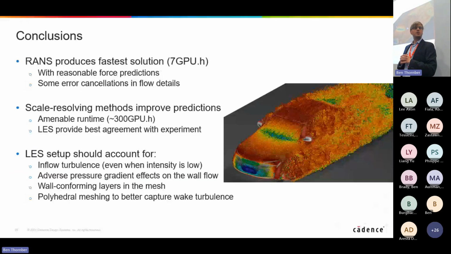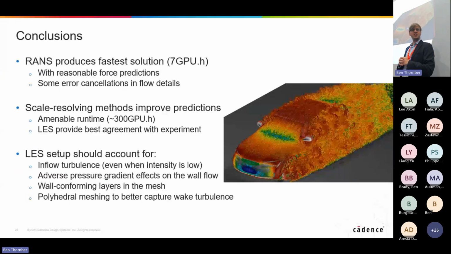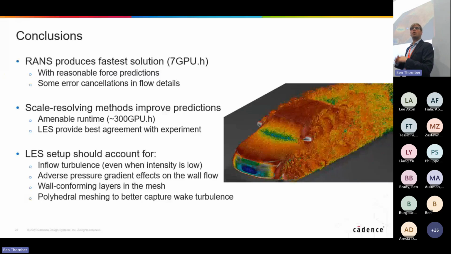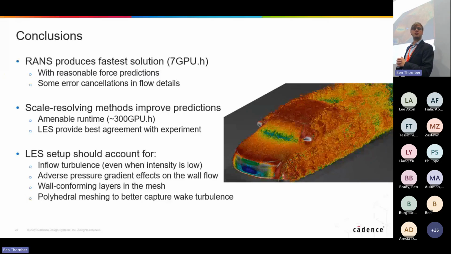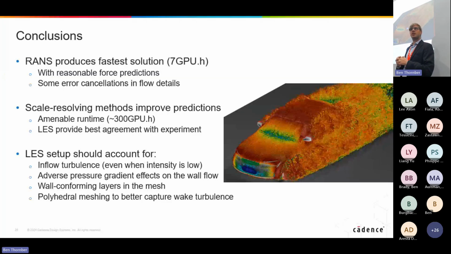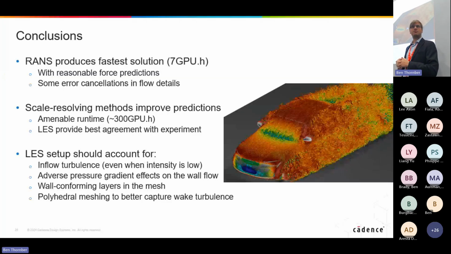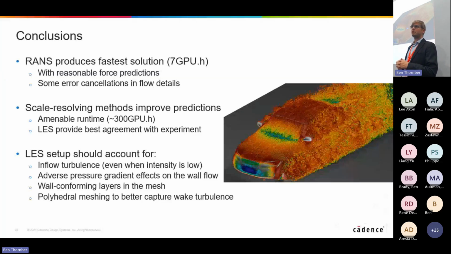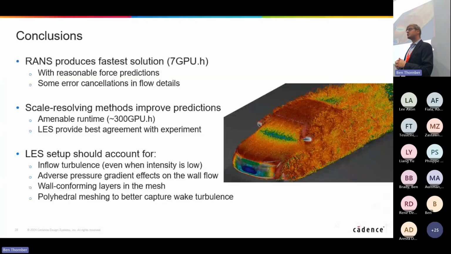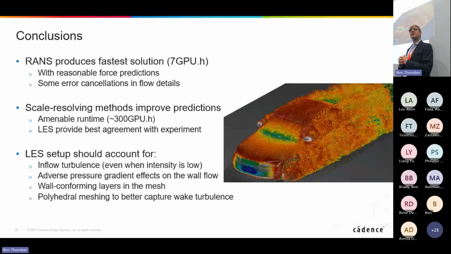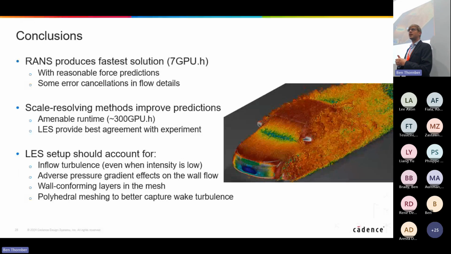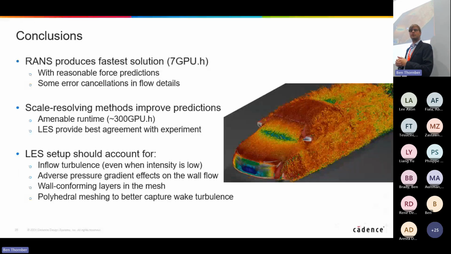So essentially, we're seeing reasonable force predictions with RANS, DDES, and LES, but RANS most probably due to error cancellations. Scale resolving methods are apt at providing reasonable agreements about all the probes that we observed. And we looked into details of the LES setup where we believe that it's quite important to account for a variety of things.